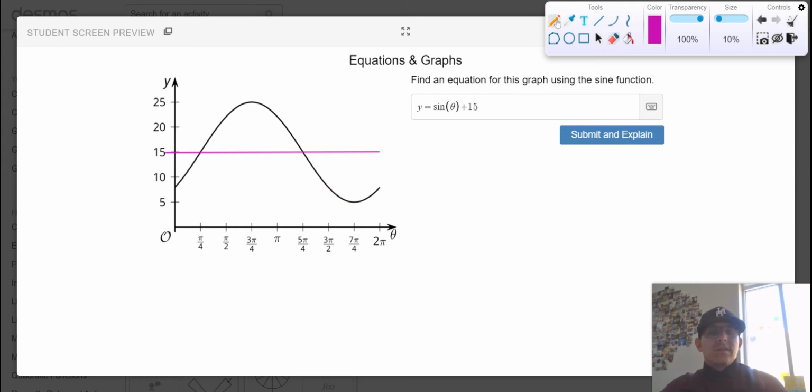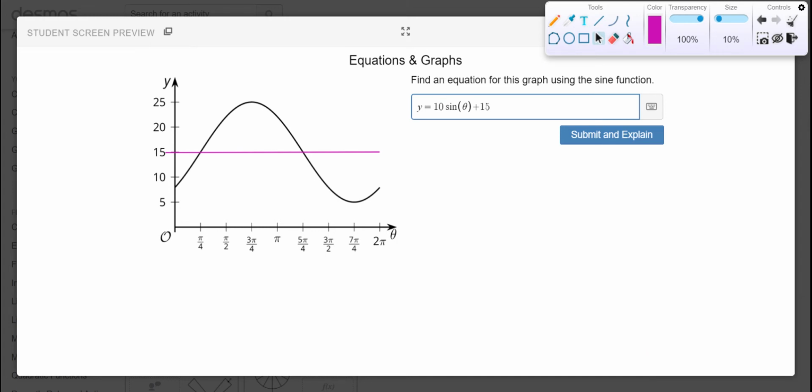All right. Now, as far as the amplitude, I have a height of maximum of 25 and a minimum of 5. So the distance between those two is going to be a value of 10. And I'm going to apply that as my scale factor.